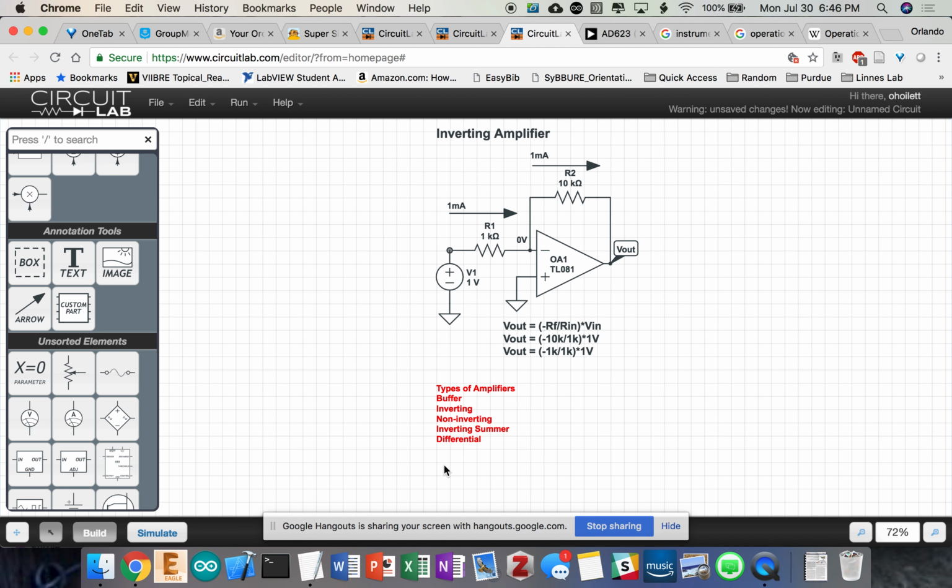The trick is knowing which type of amplifier you need for a given situation and how to configure it. There are endless possibilities, but there are some typical configurations if you're trying to accomplish certain things.